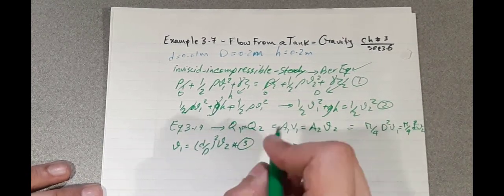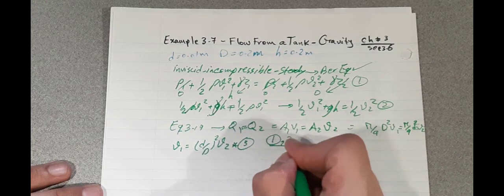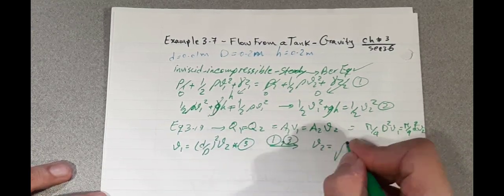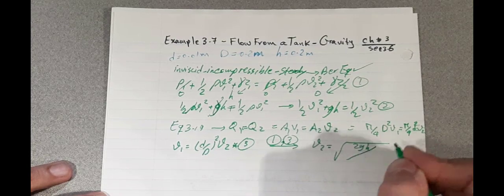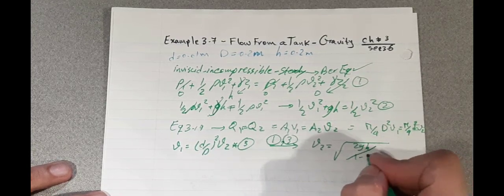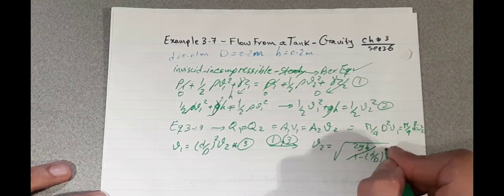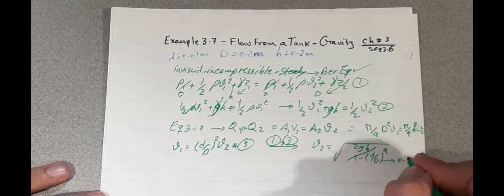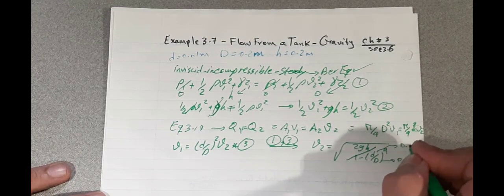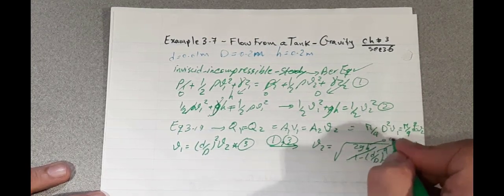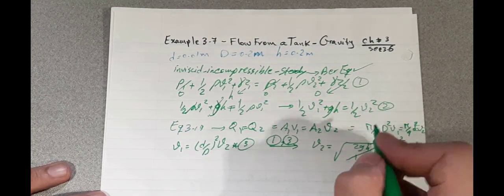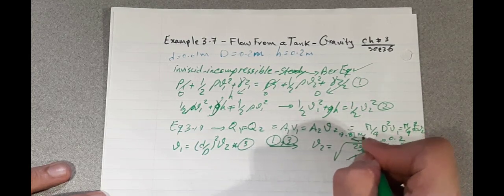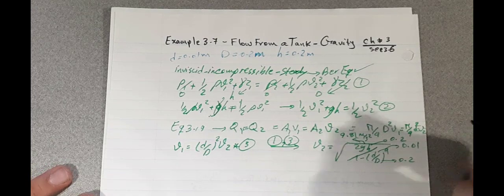Combining equations 1 and 3, we can have V2 as the square root of 2gH over 1 minus (D over D capital) to the power 4. We have D capital as 0.2, D as 0.01, H is 0.2, and g is 9.81 meters per square second.